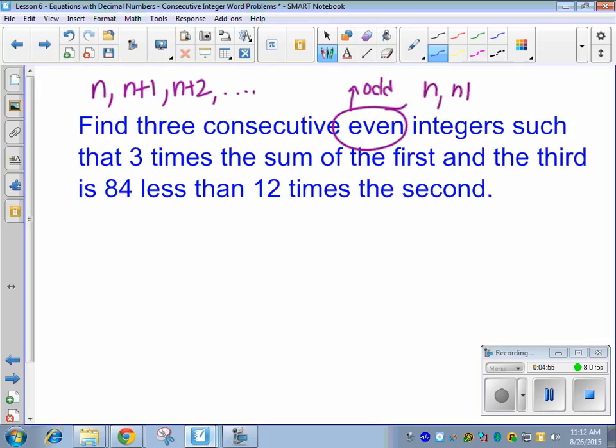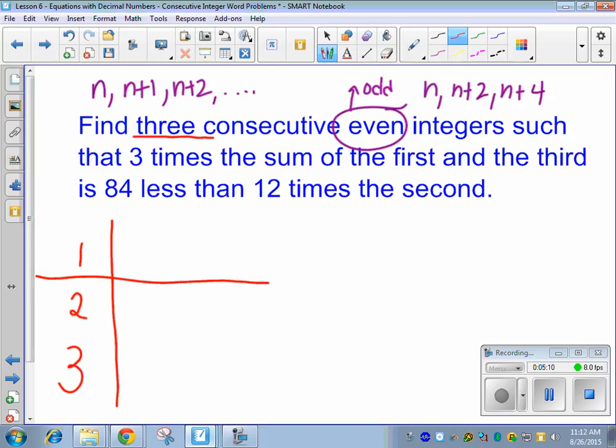Good job. So for this one, we want 3 consecutive even integers. So that means that I have 3 numbers. Some of you guys made a table last year, I think. So 3 integers, the first one's n, and the next one's n plus 2 because these are even. So if it's even or odd, it's going to look like that.